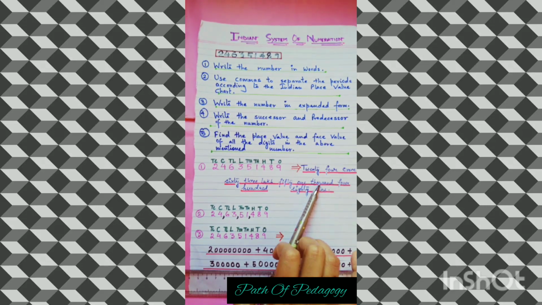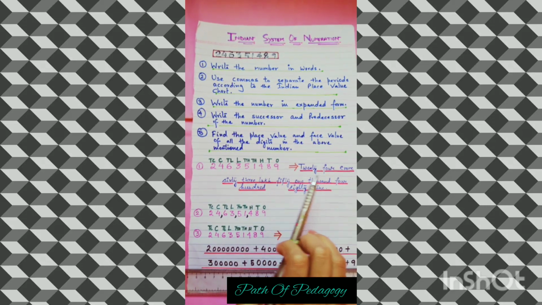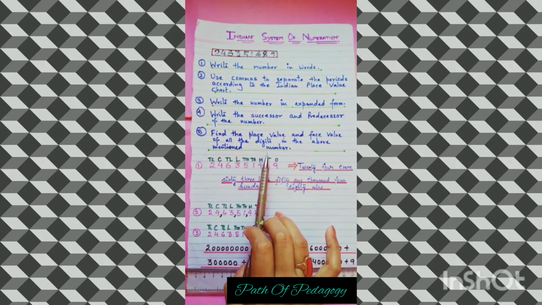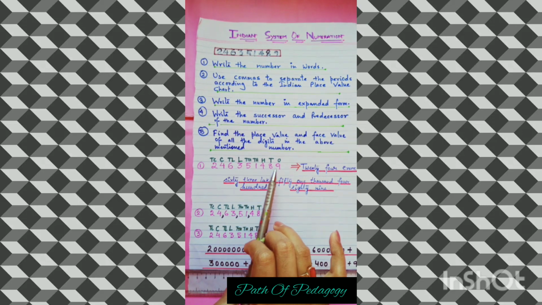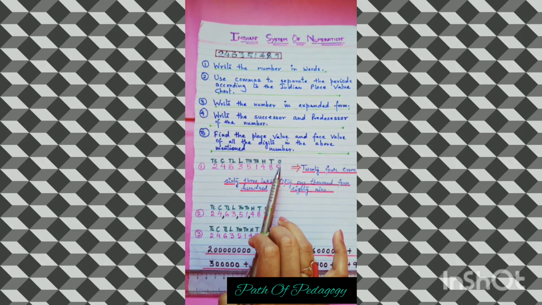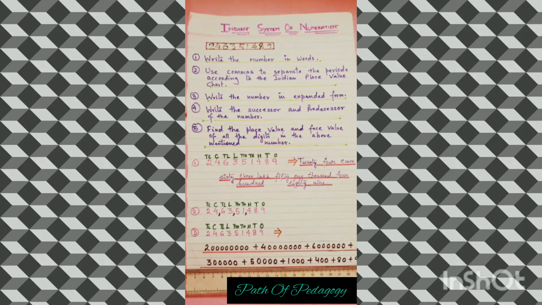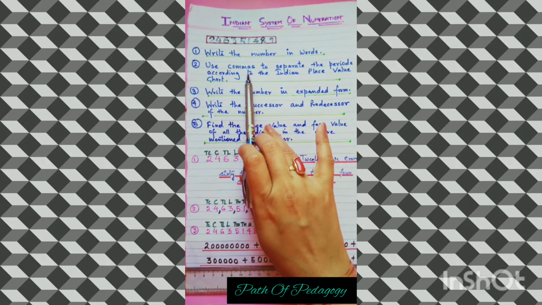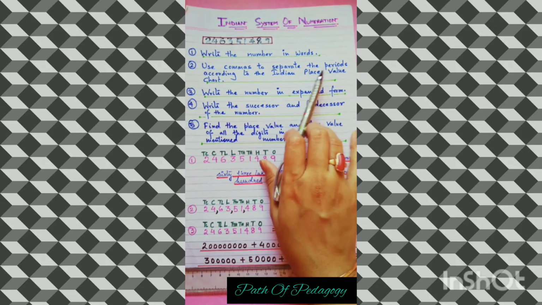And then under 100 it is written 4. So we will write 400. Under tens column it is written 8, and under ones column it is 9. So 89, 489.